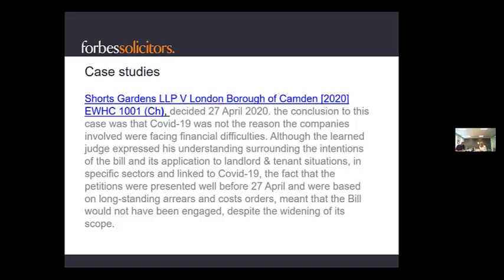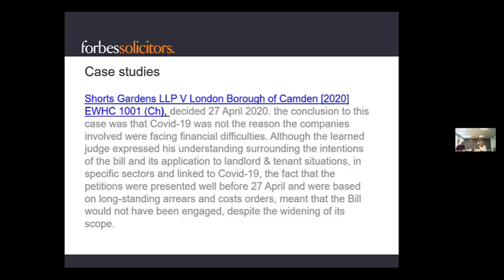The judge did say he understood the intention of the bill and how it applied to landlord and tenant situations, but the petitions that led to this matter being before the court were presented well before the 27th of April, and the arrears that it was based upon were long-standing arrears and also cost orders.